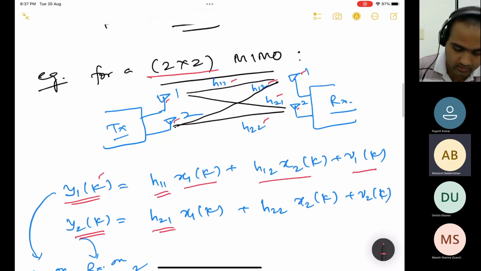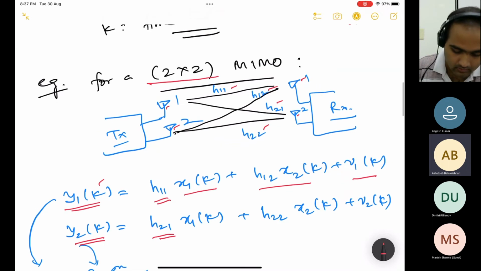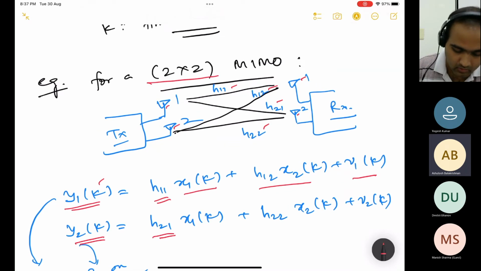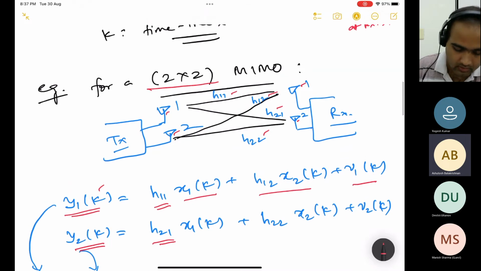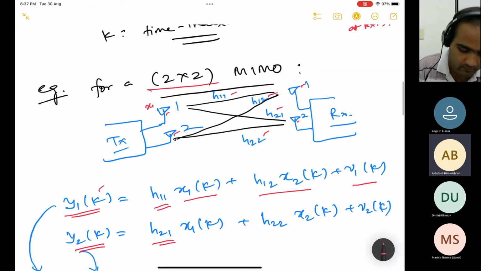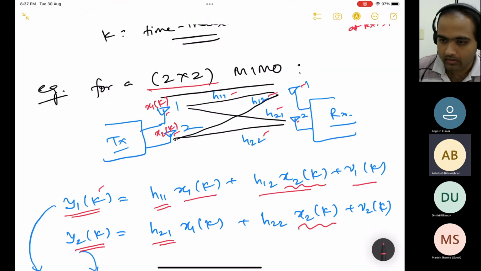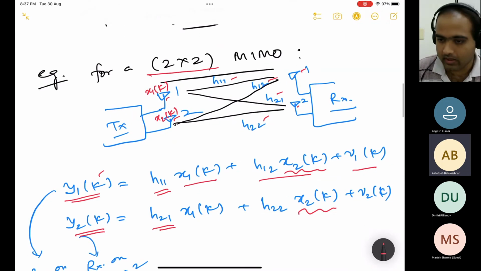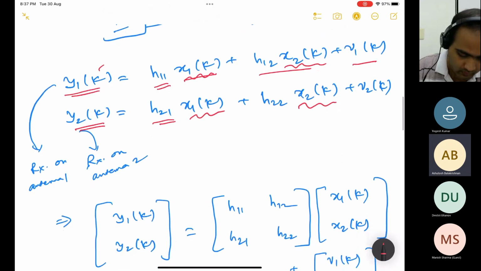It is interesting to note that while the channel coefficients are different, antenna 1 will be transmitting x1[k] only and antenna 2 will be transmitting x2[k] only at time k.